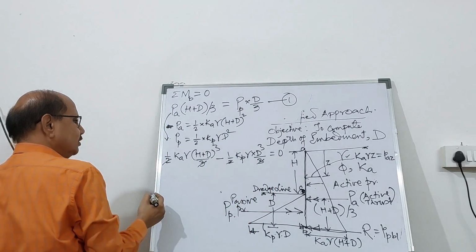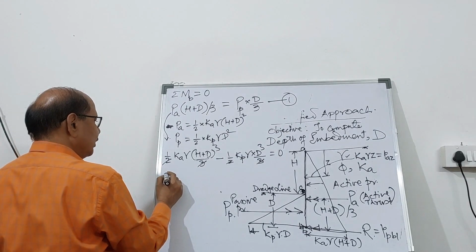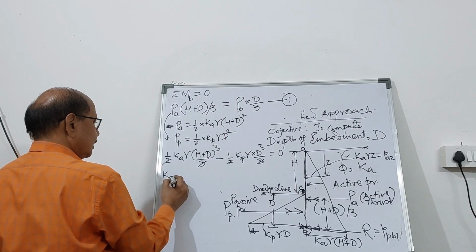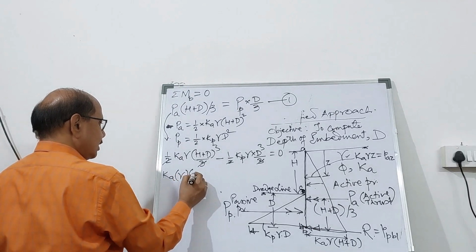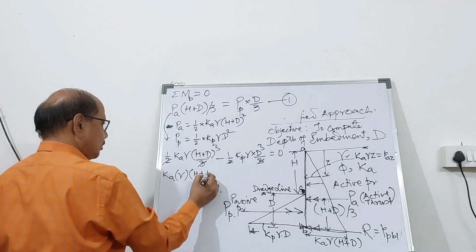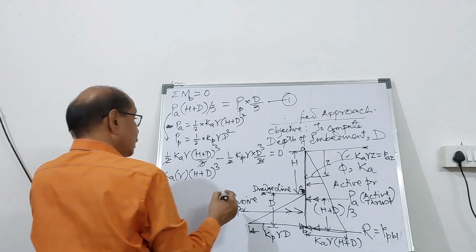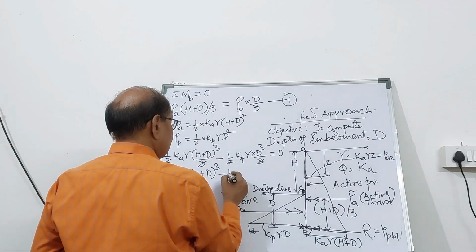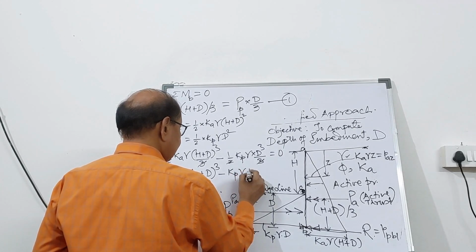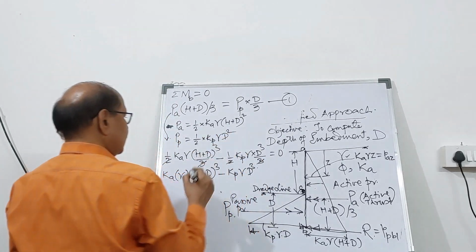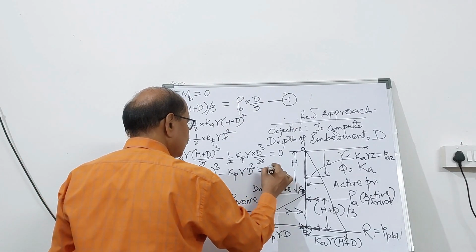So the simple equation here is going to be K gamma (H plus D) whole cube minus Kp gamma D cube equal to 0.